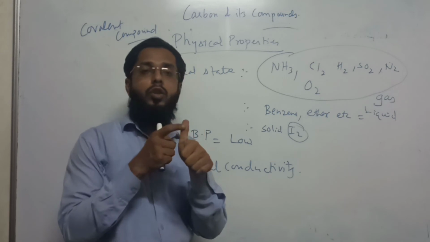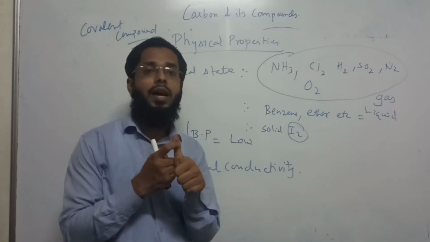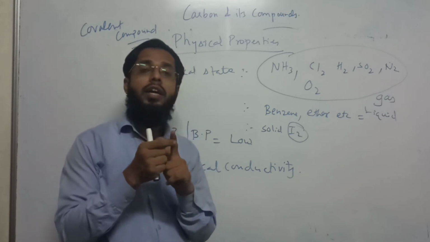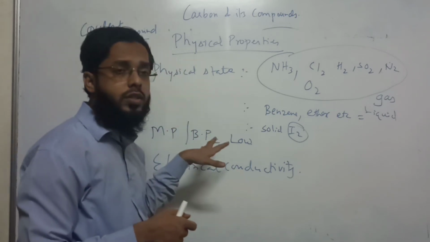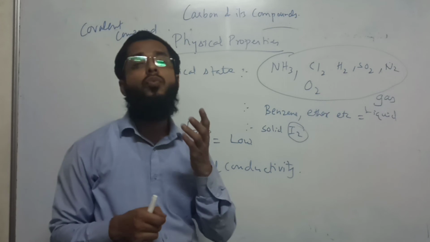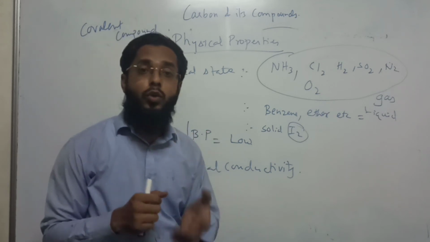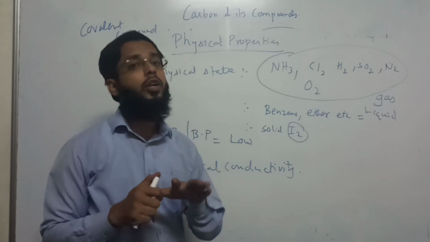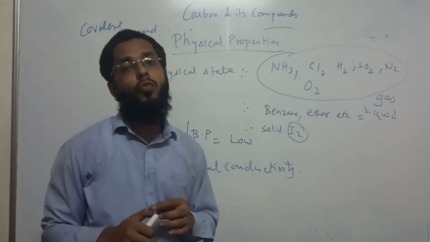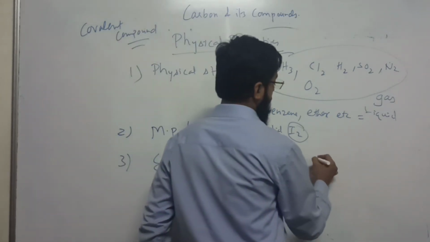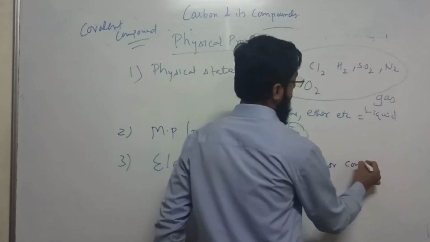Those which have free electrons. Metals have free electrons, or in solution we have free ions. When we talk about covalent compounds, they do not have free electrons. So when they don't have free electrons, they don't conduct electricity. Covalent compounds are poor conductors of electricity.